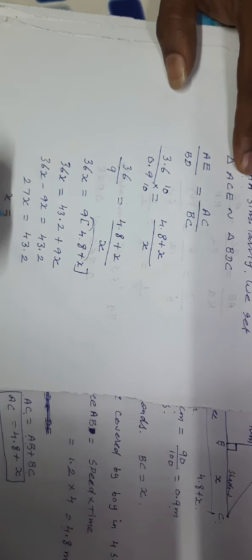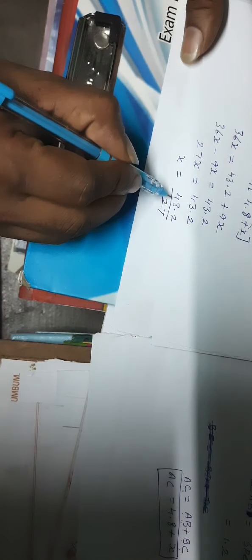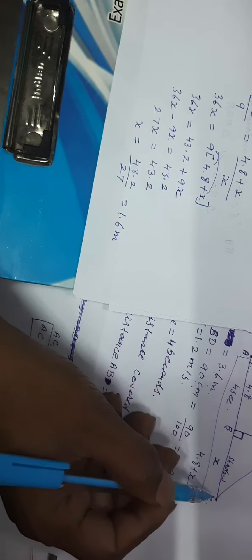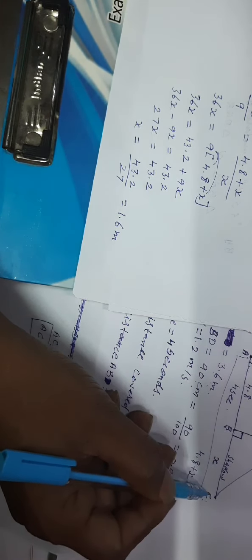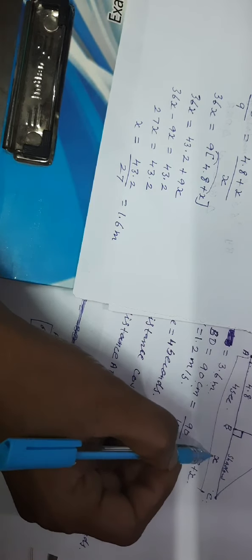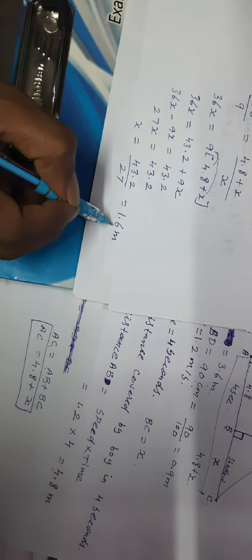Then X is equal to 43.2 by 27. Dividing 43.2 by 27, we get 1.6 meters. What is the shadow of the boy after 4 seconds? That is BC is equal to X, which is 1.6 meters.